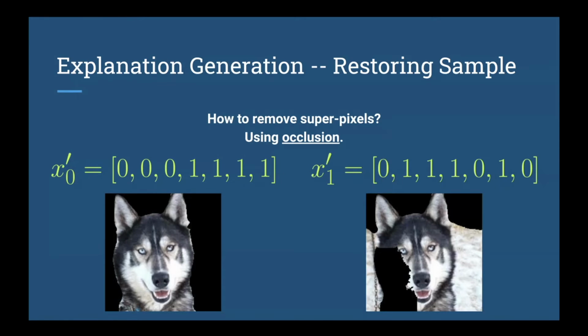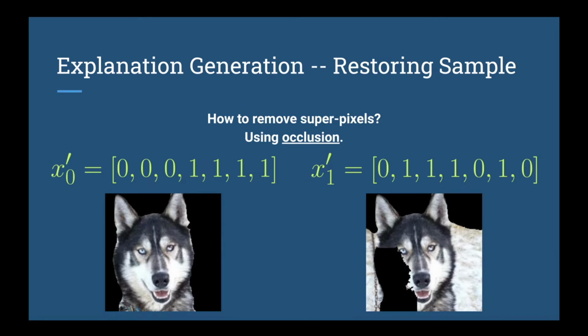And then when we set the value of this vector to 0, we remove part of the image, as we did with text, where we just removed words. However, removing words was possible because natural language models do not presuppose a fixed length input, whereas for image classifiers, we need to preserve the dimensionality of our image.